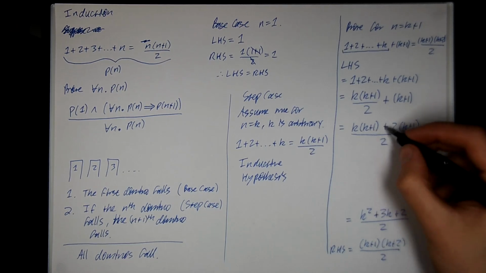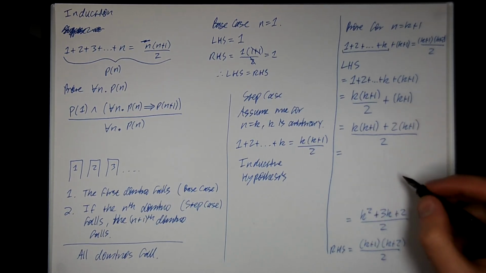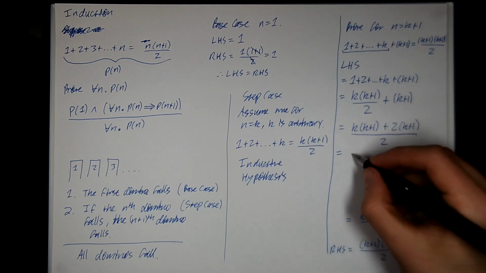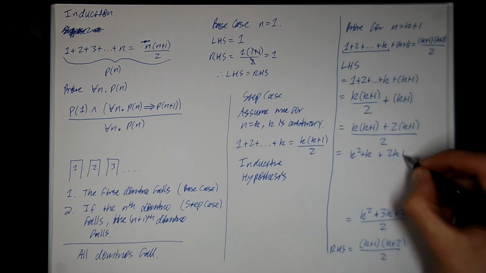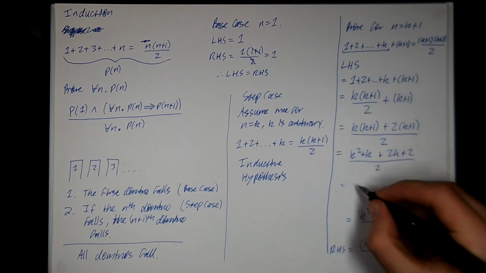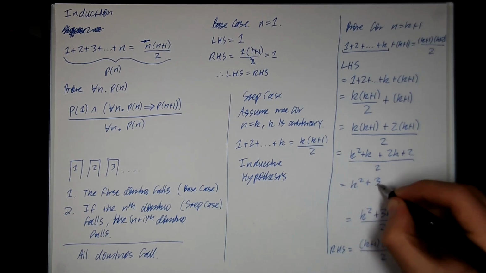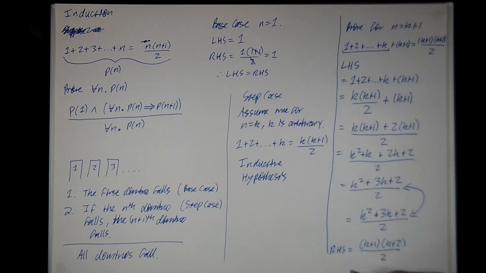And if I expand out the left-hand side, you want to sort of mess with both sides and make them look identical. So expand this out: k squared plus k plus 2k plus 2, all on 2. And put the k's together: k squared plus 3k plus 2, all on 2. Oh, hooray, these terms match. So therefore the left-hand side equals the right-hand side.